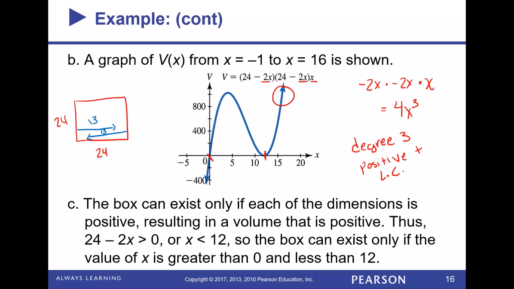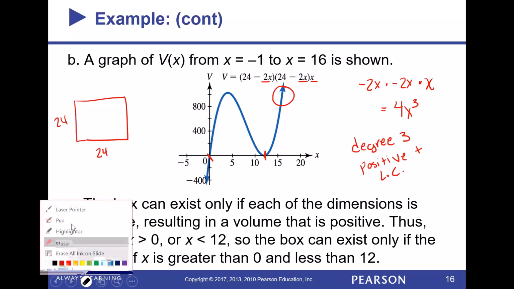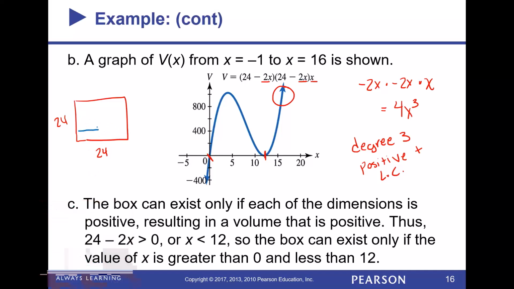So they overlap, which means technically you're not actually cutting 13 from either side. The only way that will work is if you cut, say, 12. Now, if I cut 12 on either side, you've literally cut 24 by 24, and when you fold it, you don't have a box anymore. So it's got to be slightly less than 12, but slightly bigger than 0, so when you fold it, you still have your box. Okay.